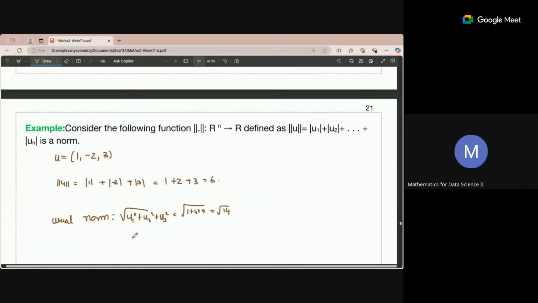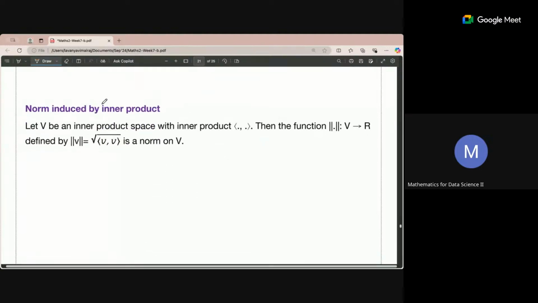And then here is another example of a norm. And then we saw how we can induce a norm from a given inner product. We already have the relation between dot product and the distance, so from that we have the link here. So norm is nothing but the square root of inner product v comma v. So these are the concepts in week 7.